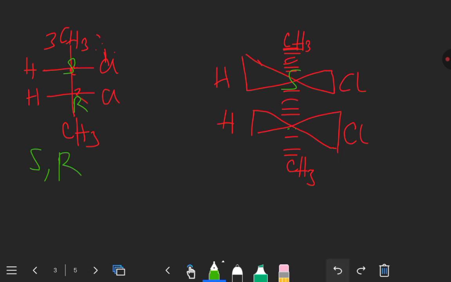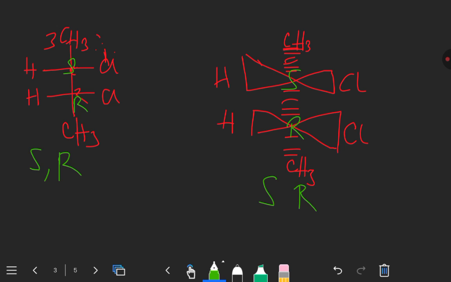So we must now write R configuration there. So this side we have SR. This side we have SR. Then this side we also have SR.